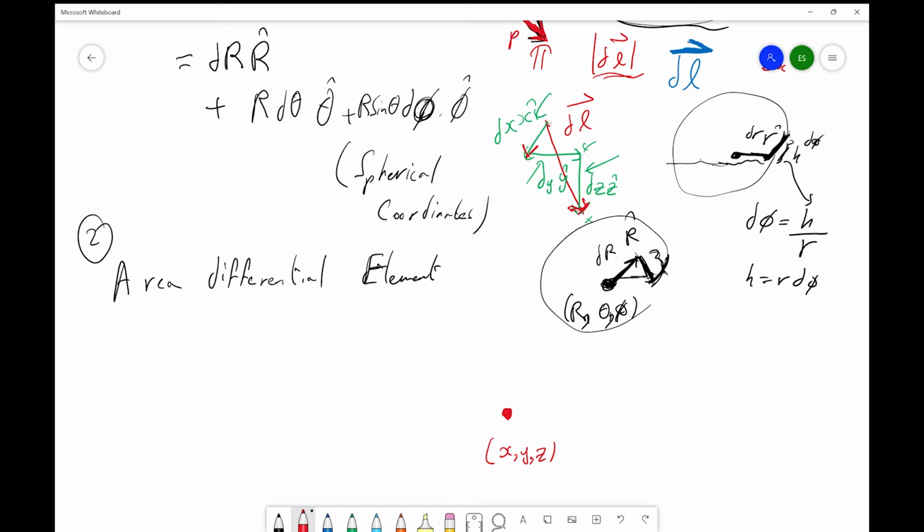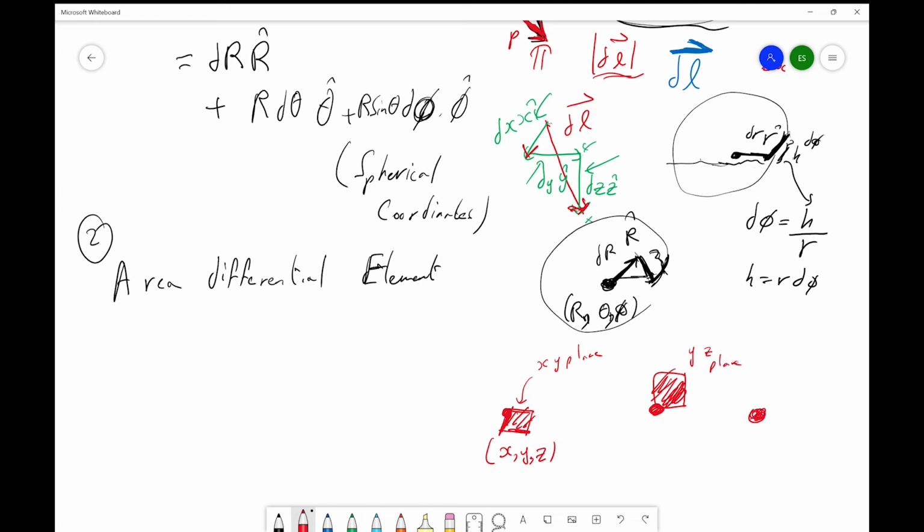I can extend in the x direction, and then extend in the y direction, and then I have an area element. Or starting from this same point, I can extend in the y direction and the z direction, and I have this area element. So this area element is in the xy plane. This area element is in the yz plane.